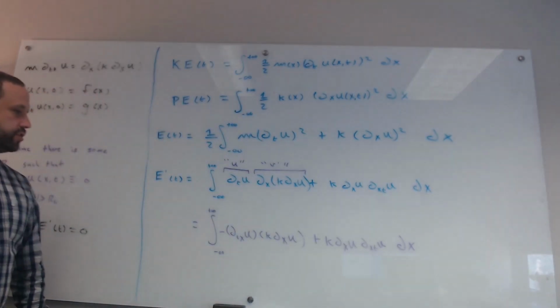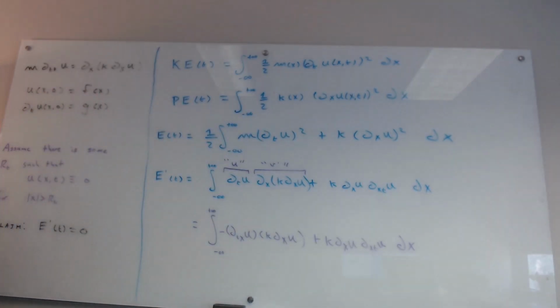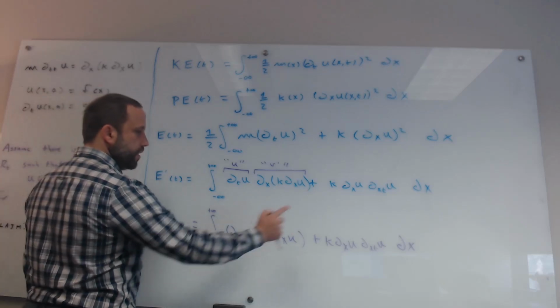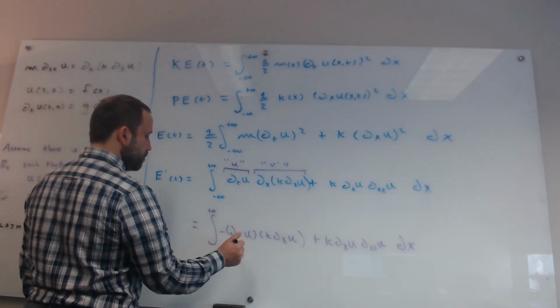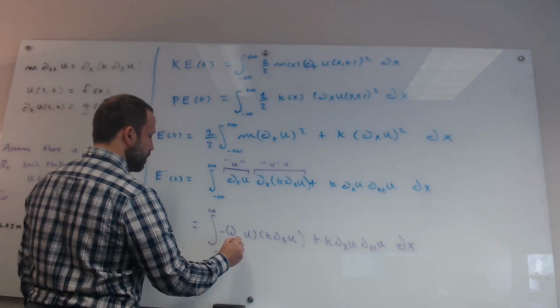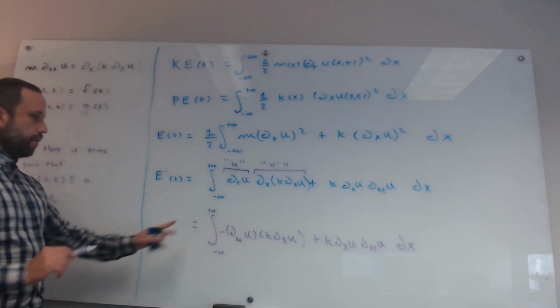Okay, now since u has second order continuous derivatives, it means the mixed partial derivatives are equal to each other. So the tx derivative here is the same as the xt derivative there, so I'll just change that to xt, and now these two things are equal.